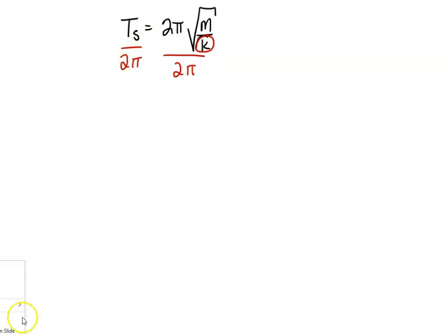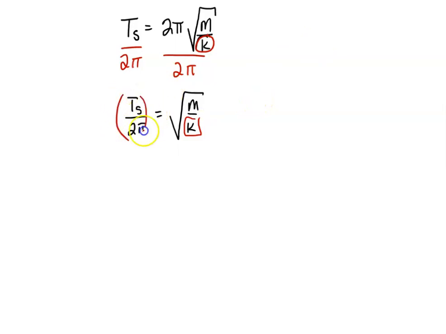And rewriting that, I'm going to have my period divided by 2 pi is equal to the square root of m over k. So again, looking for k, now it's inside the square root sign. I just need to get it out. So I'm going to square everything. And again, rewrite it.